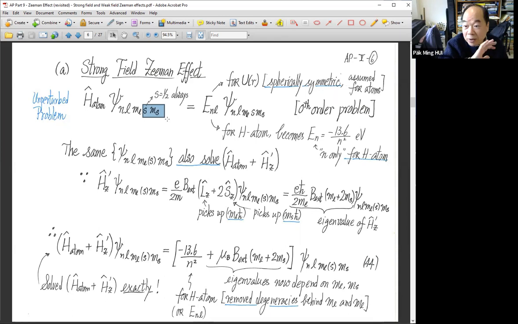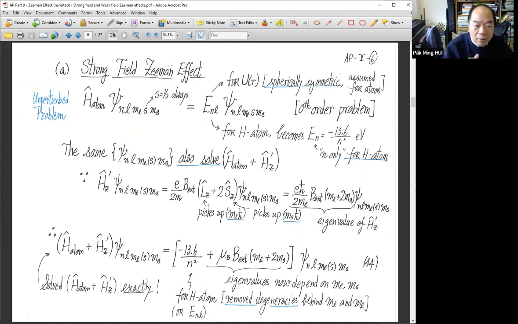Okay, so we have some common ground. So these are the eigenstates of the unperturbed atom Hamiltonian. And the energy in general is labeled by n and L for central force potential. Hydrogen is a special case. It only depends on n. So this is the old knowledge. That's our starting point.